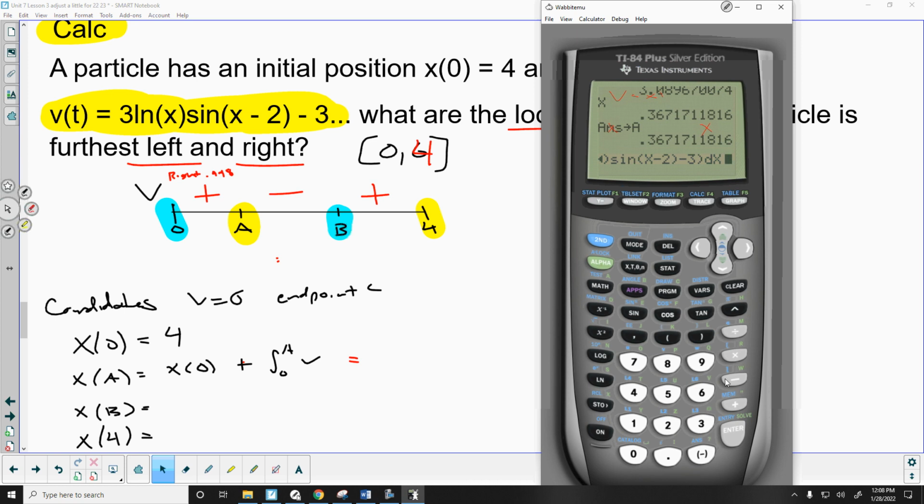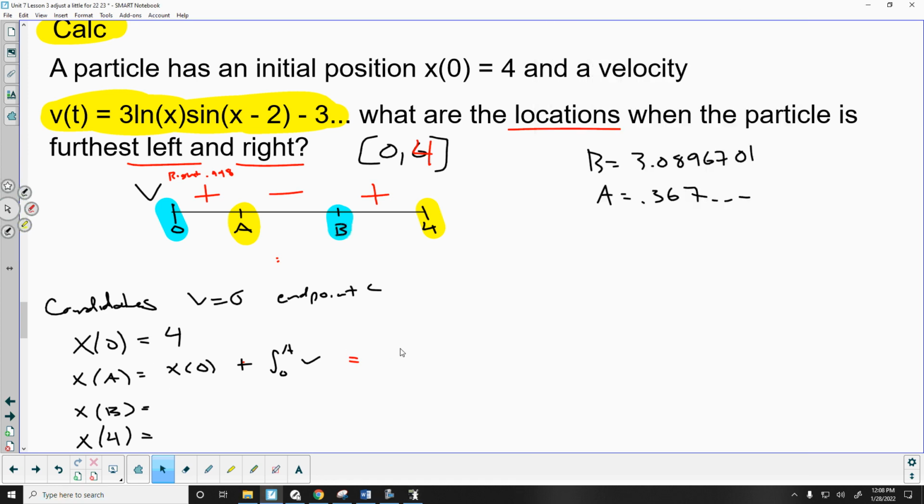Not fun, but once you have it in, it's great. Give me something around 5, right? What's happening? Your calculator is working hard to find the accumulation because the functions are so crazy. Look at that. That was like 4 plus 1. All right, 4.998.